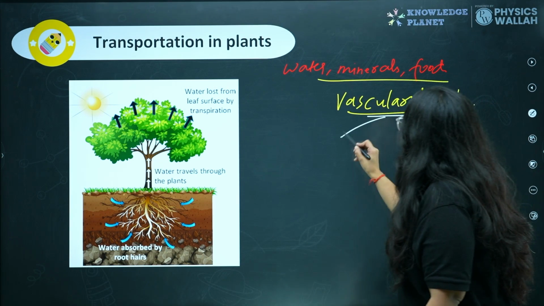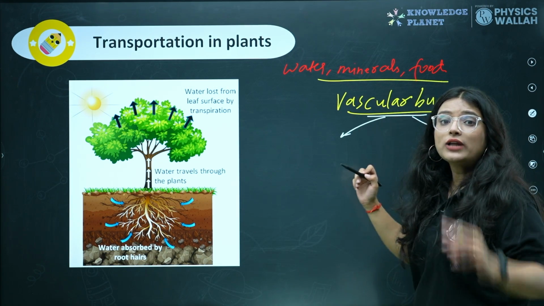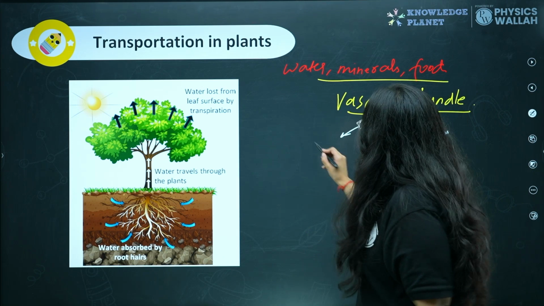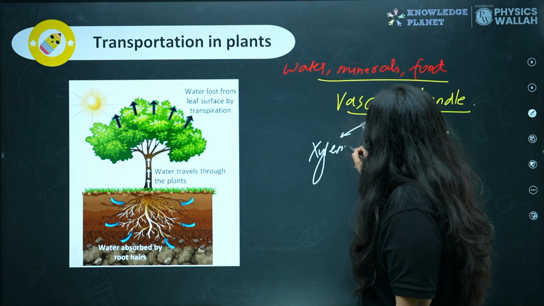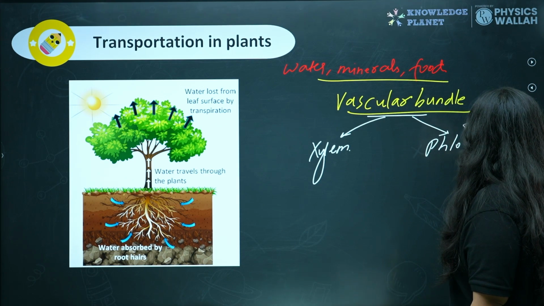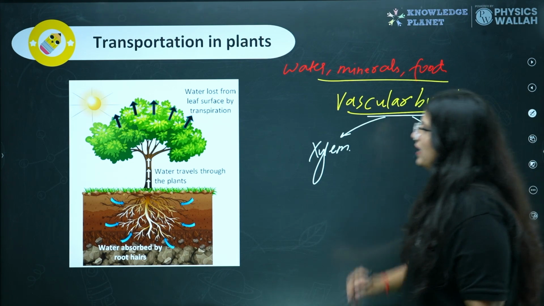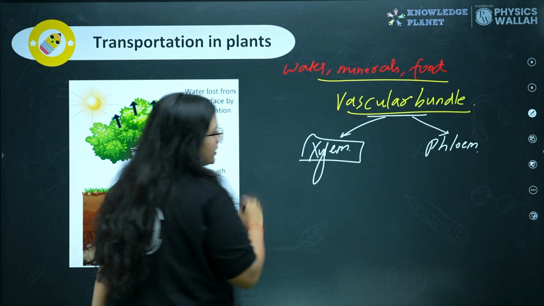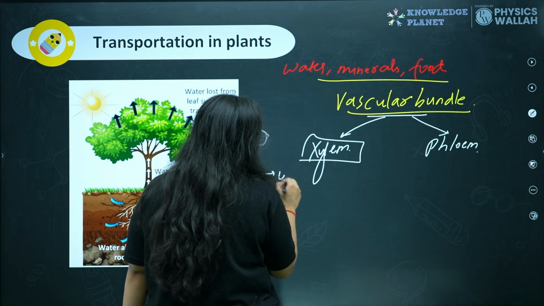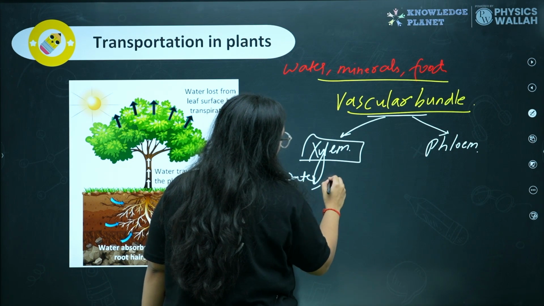There are two types of vascular tissue present in plants, that is xylem and phloem. Now, let's talk about xylem. Xylem helps in the conduction of water and minerals.